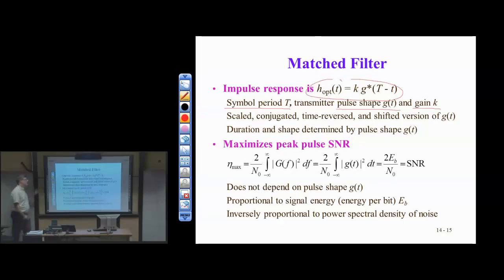Now in practice, a gain of 0 means that our impulse response is 0 and nothing gets through the filter, not very practical. But it does satisfy the derivation of the best match filter that we can do. So again, this is our impulse response for the match filter. That impulse response is a scaled, conjugated, time reversed, and shifted version of g(t).